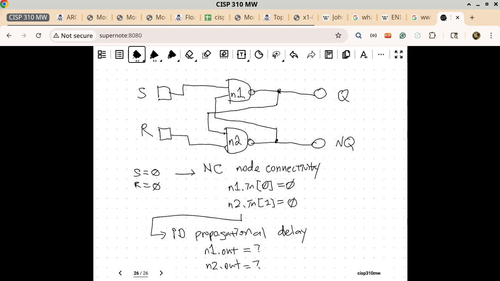We only know about one of the two inputs for each NAND gate, so we don't have enough information to deduce what the output of each NAND gate is going to be. That would be reasonable reasoning.